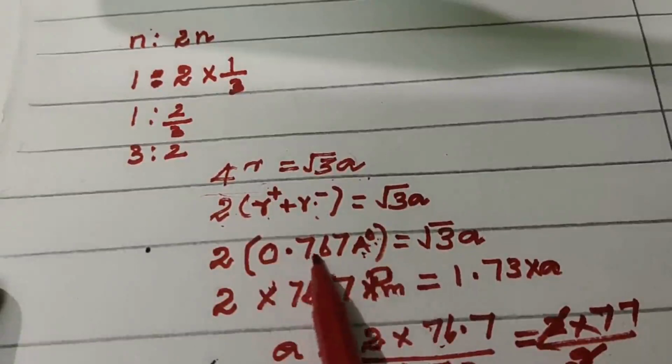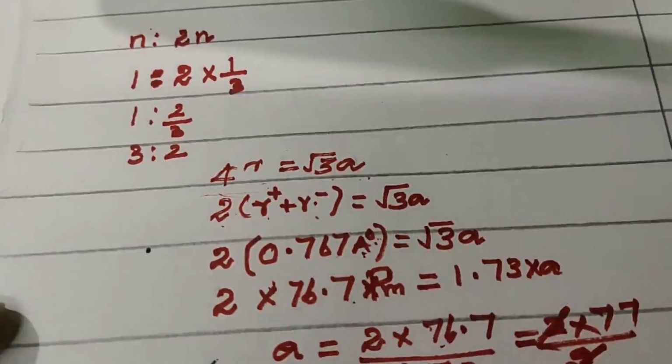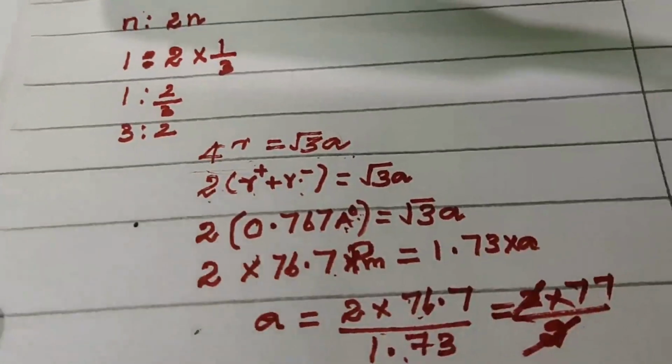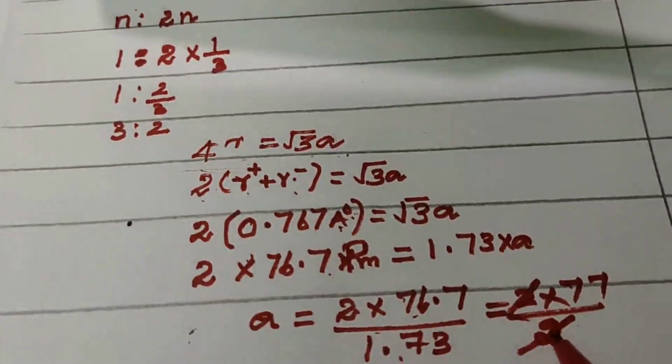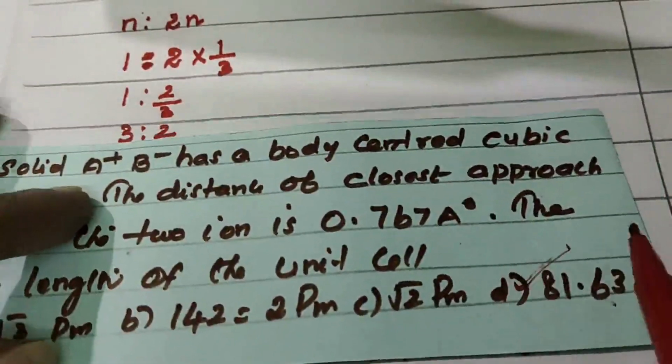So 0.767 is written as 76.7, then the answer is 77. Here the nearest value is 81.63.